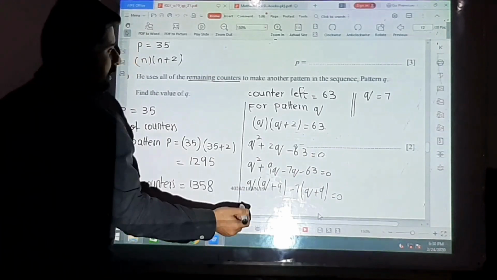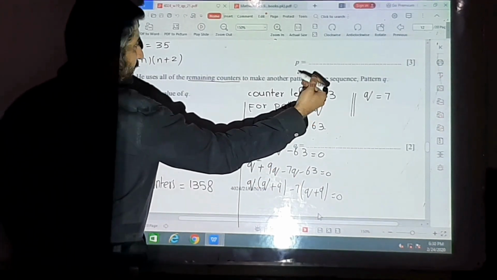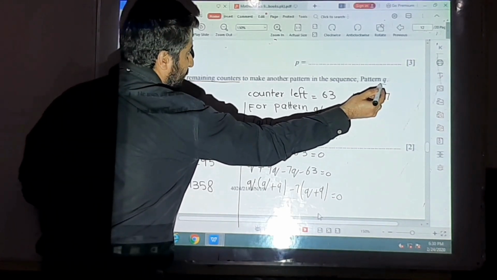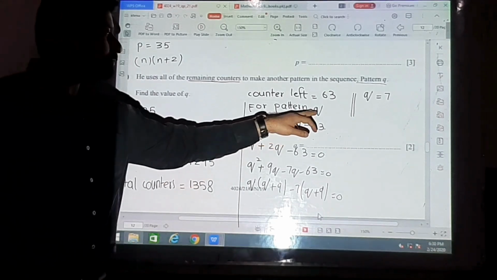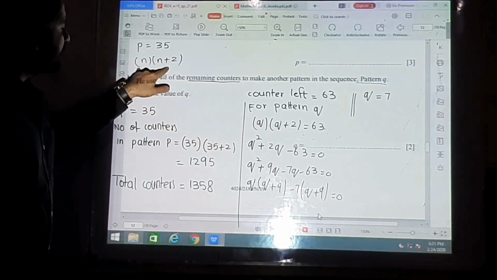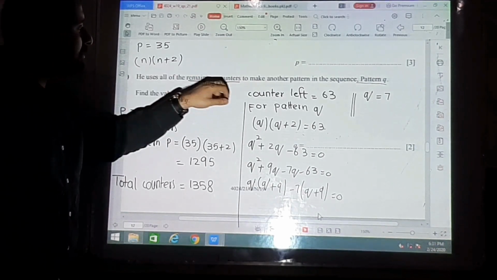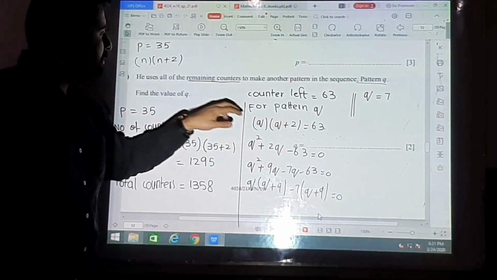Now these remaining counters, which are 63, are used in another pattern in the sequence, and that pattern is pattern Q. For pattern Q we will use the expression for the nth term, here considering the nth term as Q. So Q into Q plus 2 is this formula.